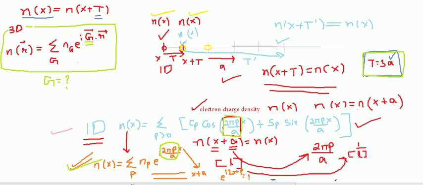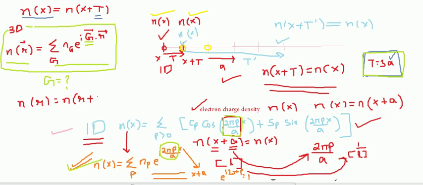But the Fourier point in 3D is unknown to me. All I know is that I have an electron density n of r, and I can write it as a Fourier expansion. One more piece of data that I have is that n of r has to be periodic. It means n, as a function of r, will be the same even if I go from r using a translation vector to any other place in the crystal.